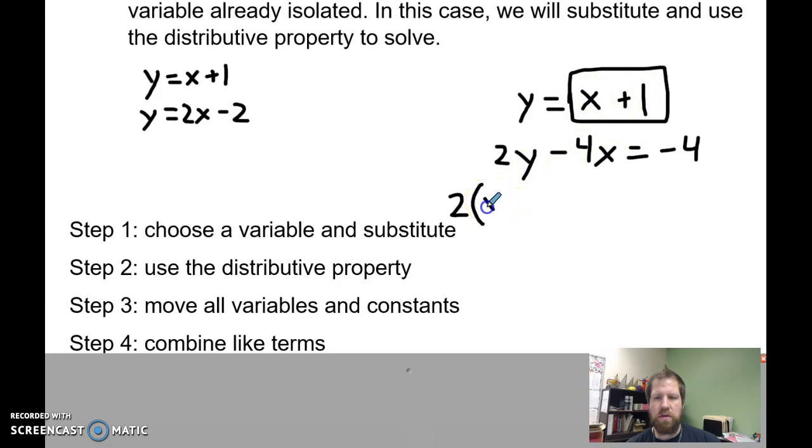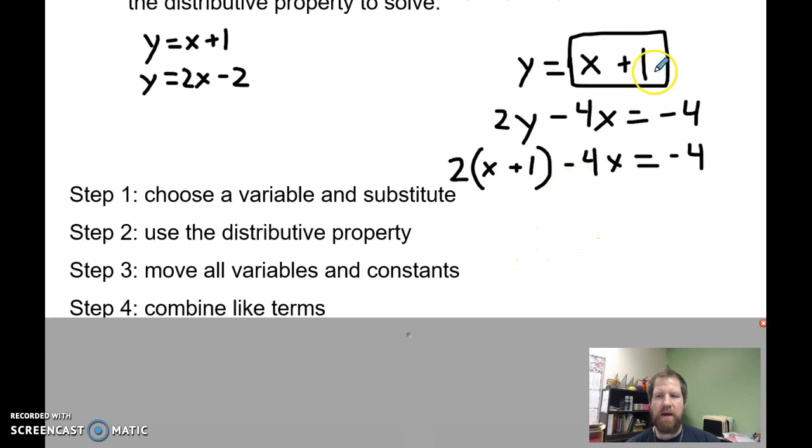So it's 2 times (x plus 1), and then write out the rest of my equation: minus 4x equals negative 4. Now this is back to something that should be familiar. We've used the distributive property, multiplied this out, and then combined like terms. You're comfortable with this.